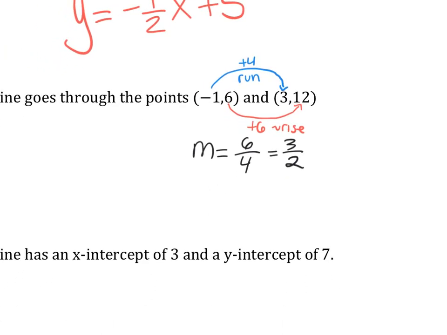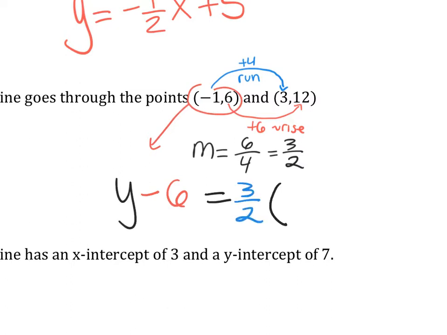So then using our point slope, again, you can choose either point. It doesn't matter what point you choose. I'll just do the first one. So we can do y minus the y value, so y minus 6, equals our slope, and then in parentheses, x minus the x value, which in this case would be minus a -1.